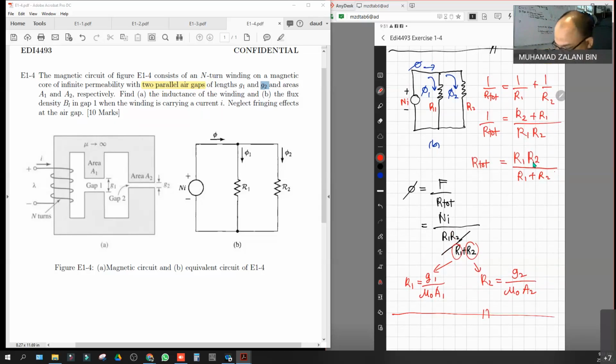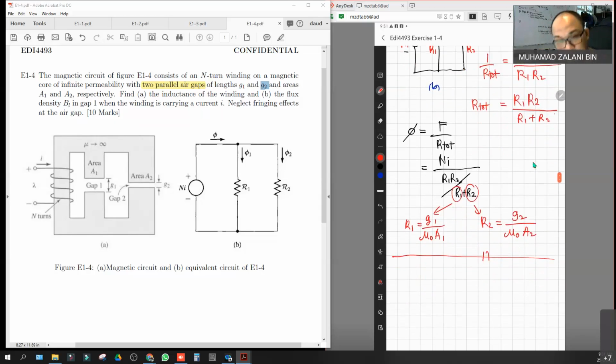So we have this phi equation, which is Ni divided by R1 R2 divided by R1 plus R2. We know that R1 is G1 divided by mu naught A1. Similarly, R2 is G2 divided by mu naught A2.